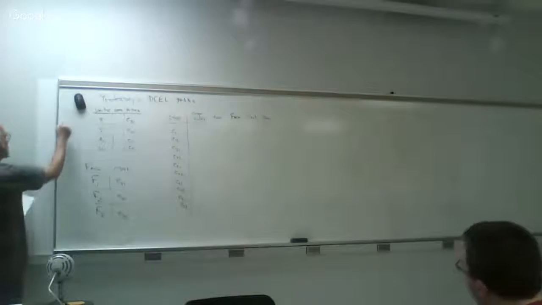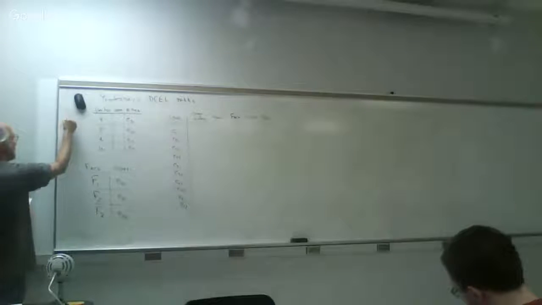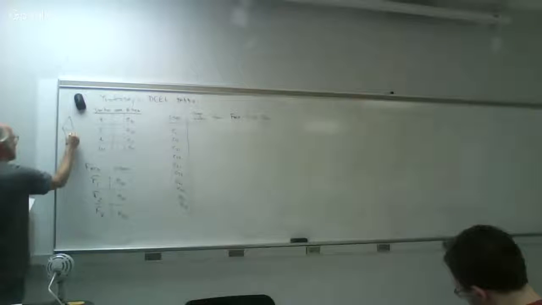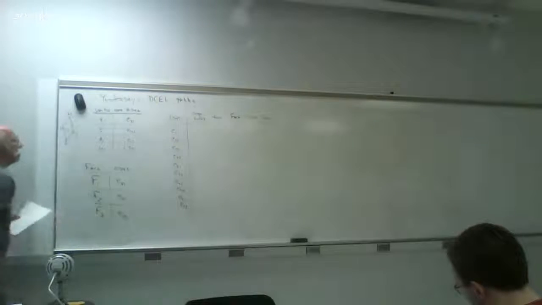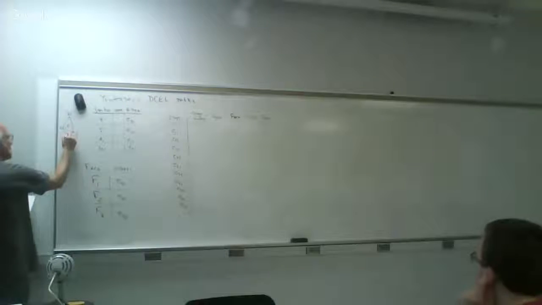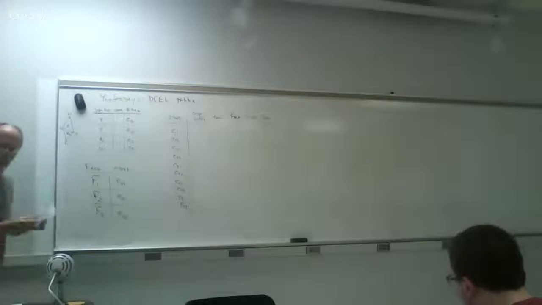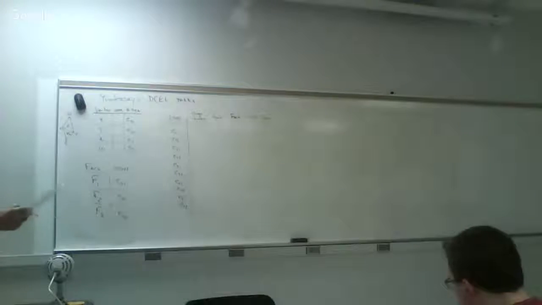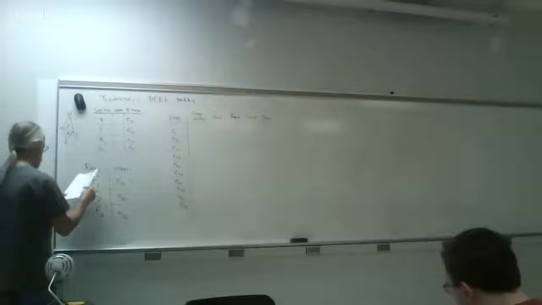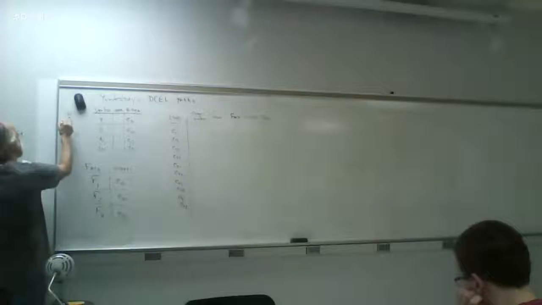Just for reference sake, that polygon looked like this, and we had X, Y, Z, and W, and this was F1, F2. I don't remember what the actual edges, we labeled them somehow. This was E1.